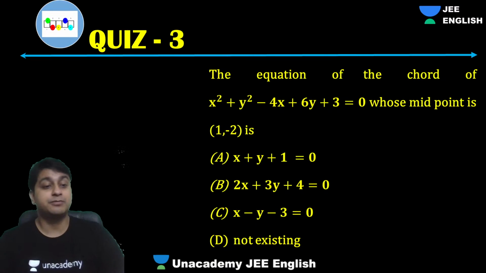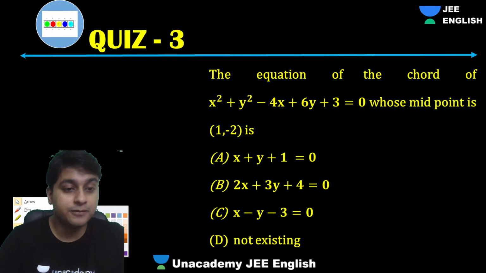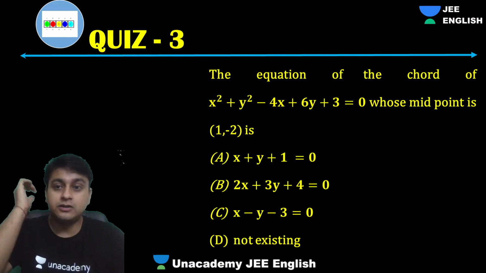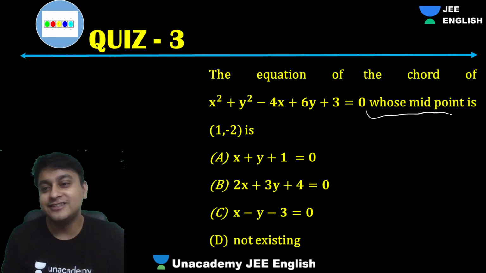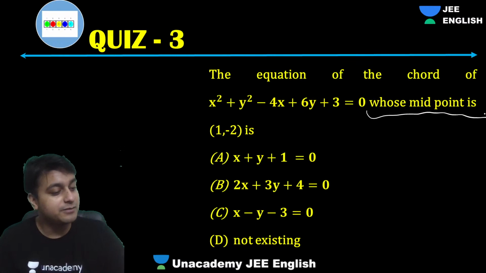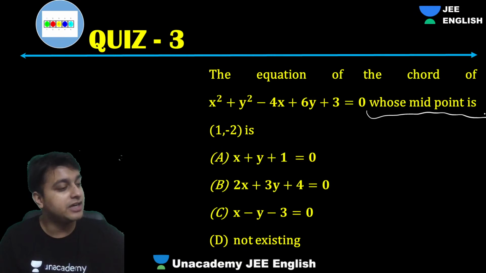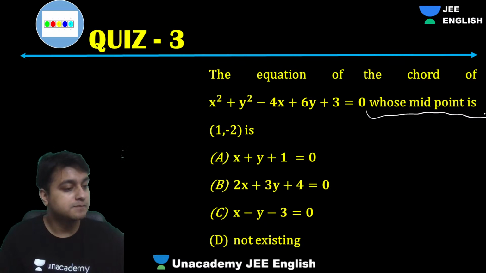Okay, now this is the next problem. Let's see how many of you can do this one. Find the equation of the chord of this circle whose midpoint is given. This kind of question is also very famous, and has been asked many times in JEE. Come on, everyone, try it out quickly.